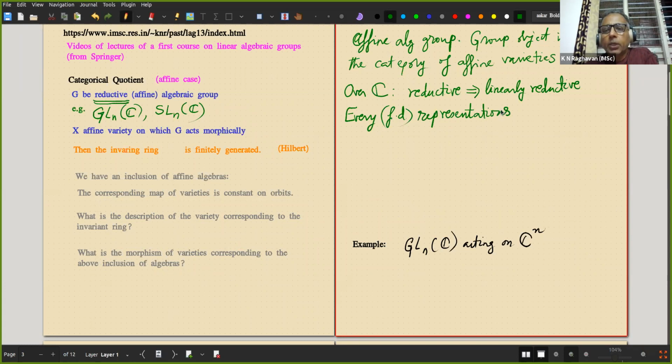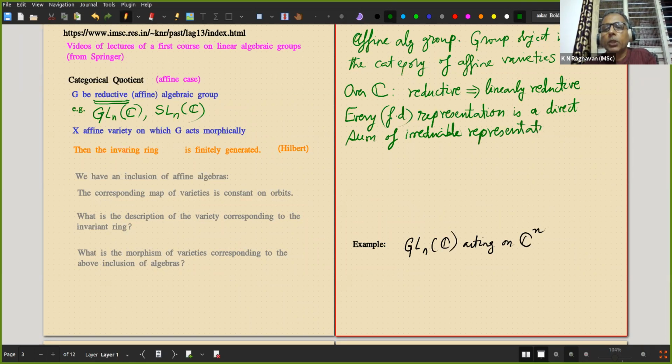So every finite dimensional representation is a direct sum of irreducible representations. So recall what an irreducible representation is.